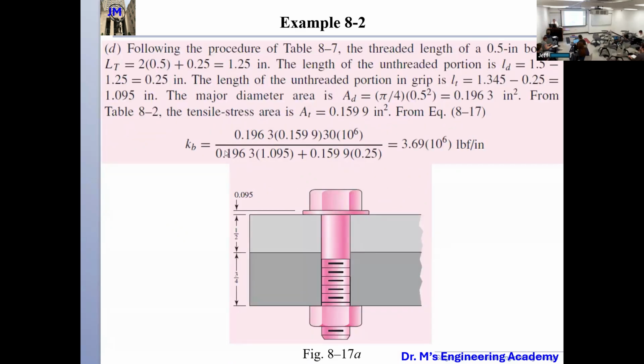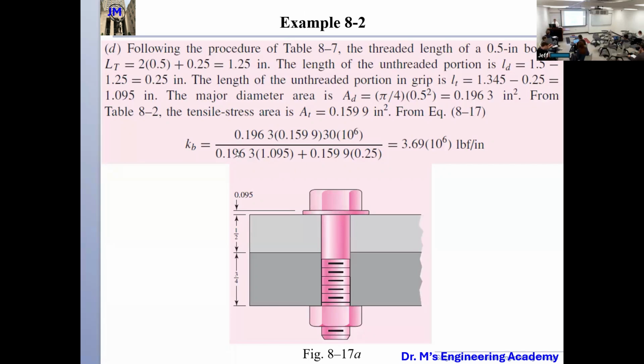And last one, how to calculate the bolt stiffness. So here is the bolt stiffness. How to calculate it? The first value is AD, the second value is AT, and the third value is Young's modulus.